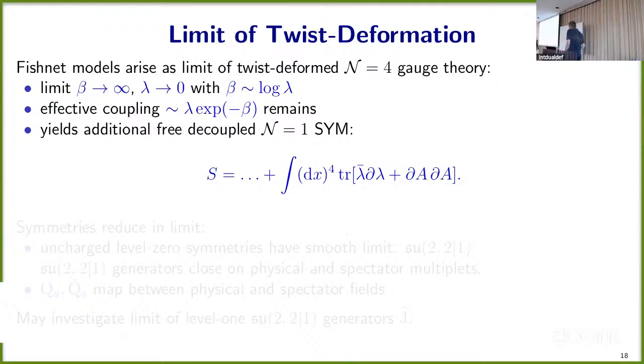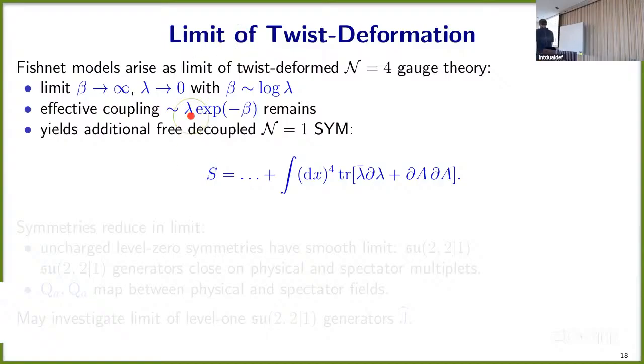Well, we know that the fishnet model arises as a limit of this twist-deformed model. The limit is sort of singular. You send the twist parameter beta to infinity. You send the coupling constant to 0, but in a certain way, and in such a way that you have one remaining effective coupling constant.